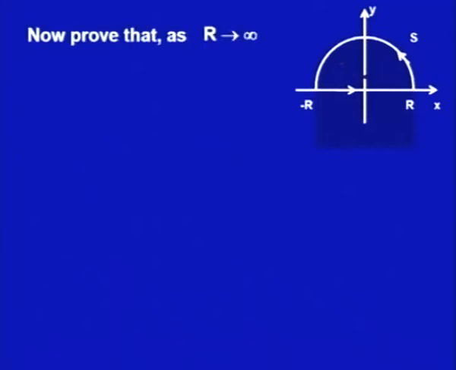We want to prove that as r approaches infinity, this integral of z e^(iz) / (z² + 2z + 2) dz on the semicircle S approaches 0.